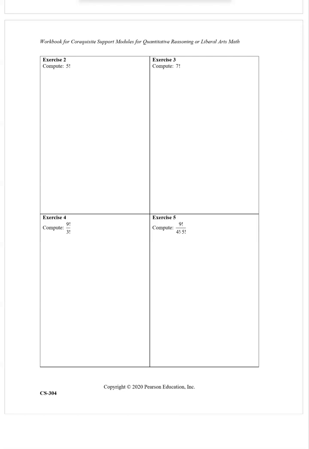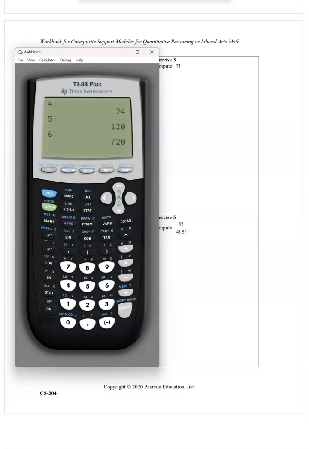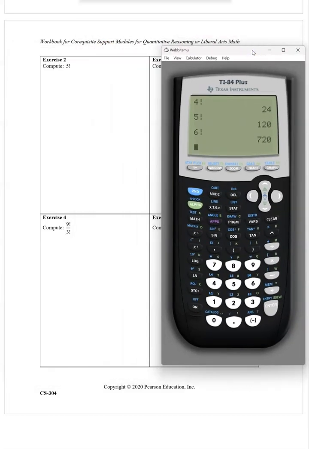I want to talk about the ones that are fractions, though. I'm going to find my calculator again. Remember how to do a fraction: alpha, y equals, enter. And once you get your fraction, it's the same thing.